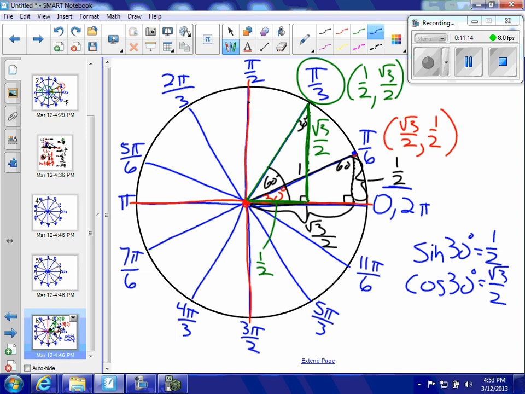Well, what I am beginning to see here is that when I'm looking at a unit circle, the coordinates of my point on any spot of the unit circle is the cosine and the sine. The sine is my y value, and the cosine is my x value.